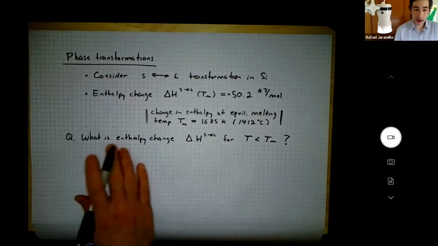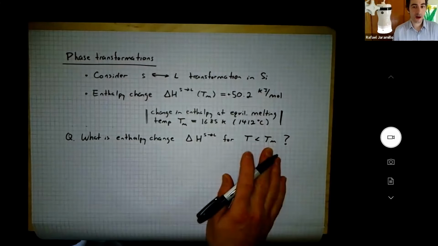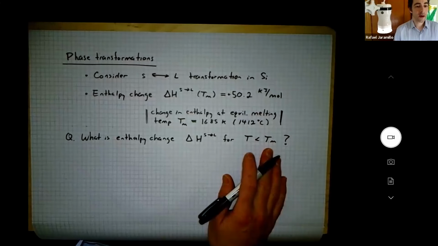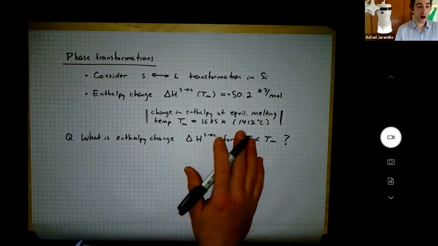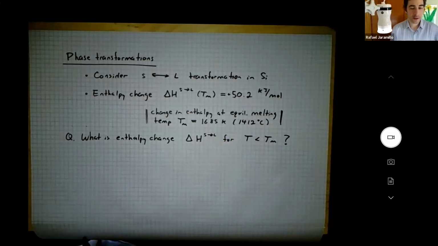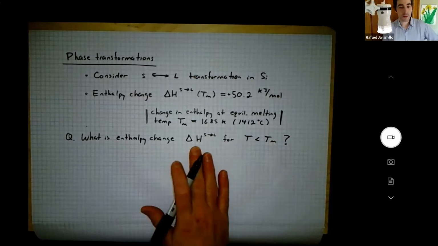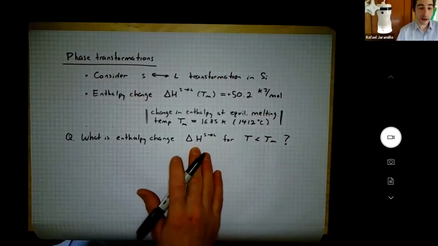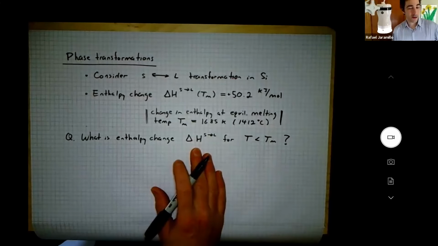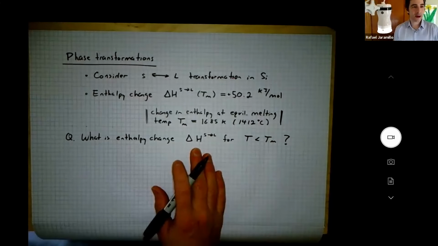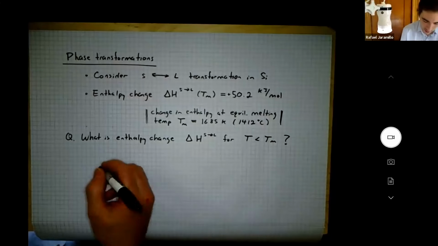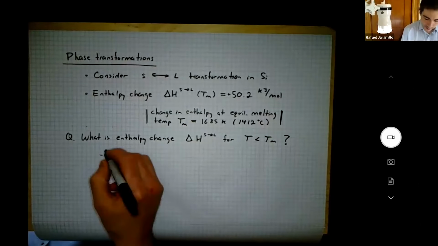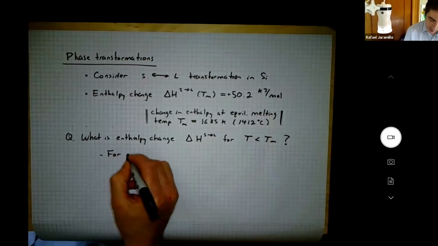This is highly relevant to a lot of important industrial processes, because often we don't form materials, including silicon, right at the melting point. Often we solidify at a slightly lower temperature. And you have to know this number in order to engineer your process. There's a lot of really good MIT IP on this and a couple spin-off companies that you may be familiar with. So let me just write some stuff down.